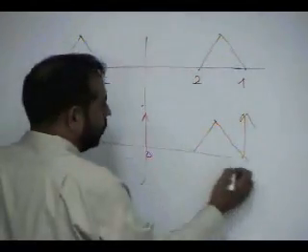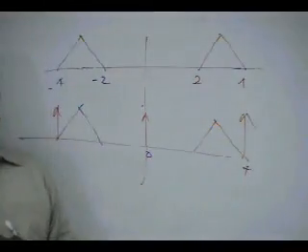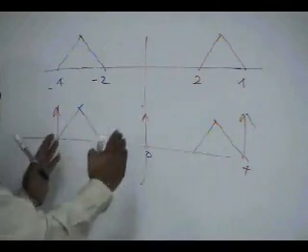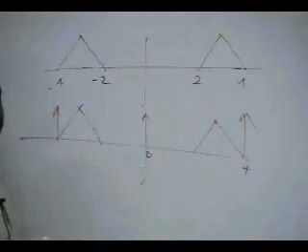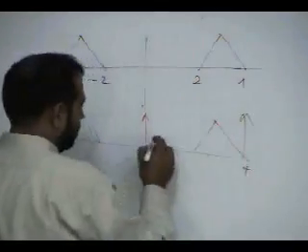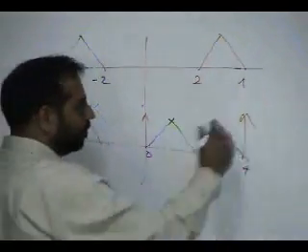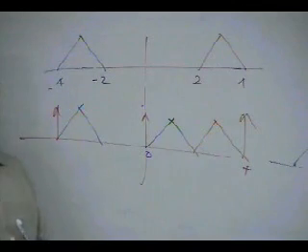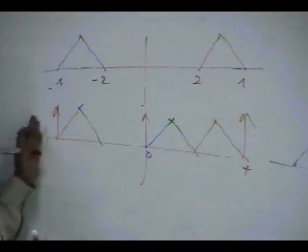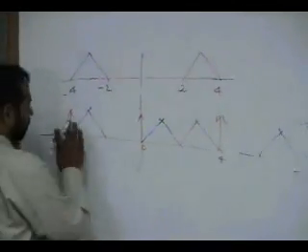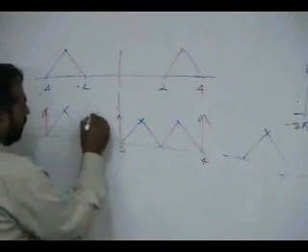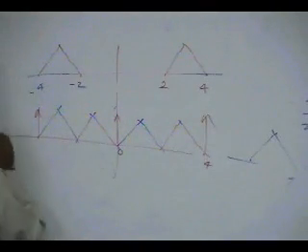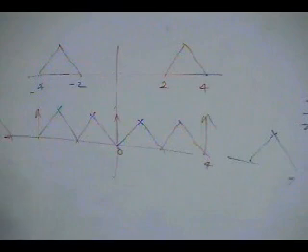Let's do a copy at 4. How do you make a copy at 4? Go 2 on this side and 2 on the other side. So go to here, make a copy, go 2 away, make a copy. Okay, now do it for this. Again, 2 away, make a copy, 2 on this side, make a copy. See, there is no aliasing.